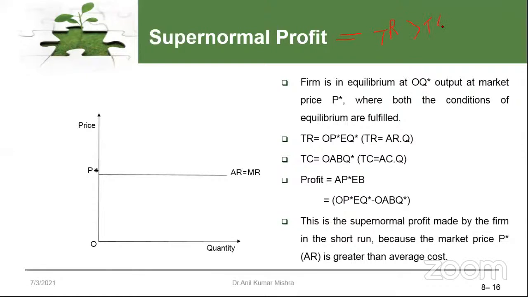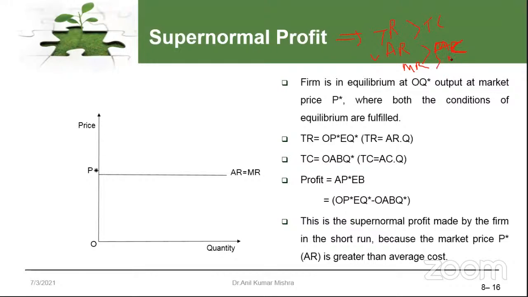Or from the average point of view, average revenue is more than average cost. Sorry, the revenue and cost: average revenue is more than average cost. So remember the basic idea: TR is more than TC, or AR is more than AC, or we can take MR more than MC also.